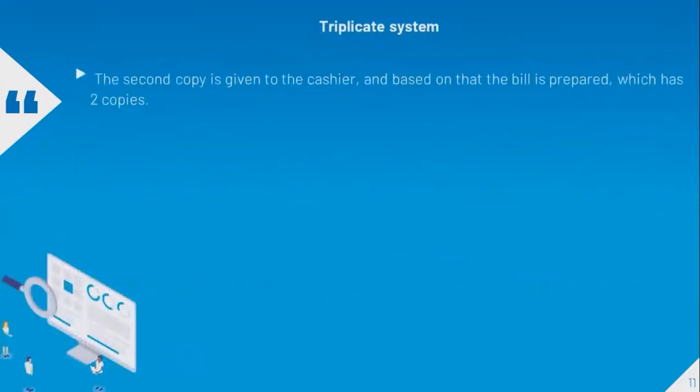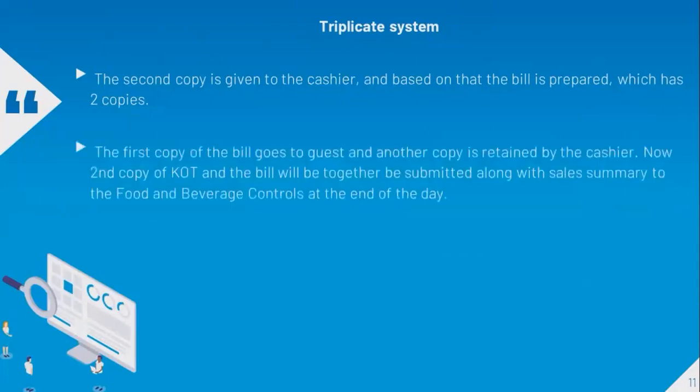Now the second copy is given to the cashier because the first one is already in the control box. Based on that the bill is going to be prepared, which has 2 copies again. The first copy of the bill goes to the guest and another is retained by the cashier.